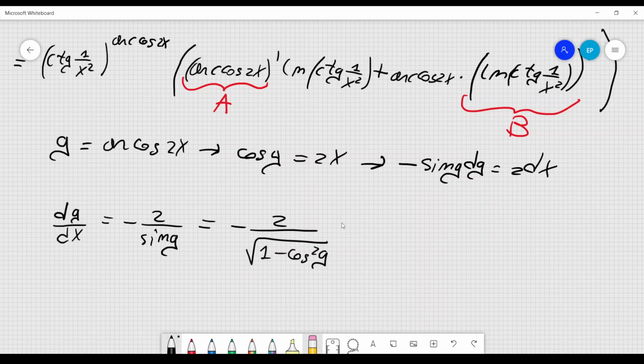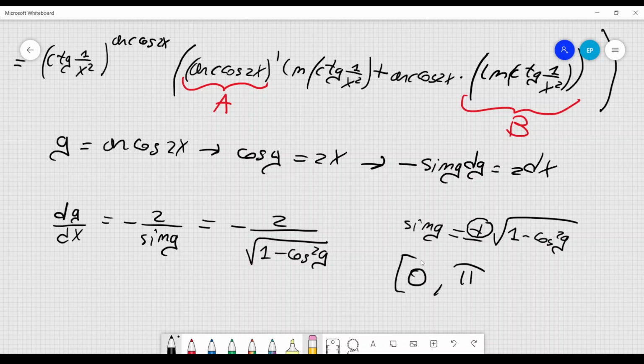In general, you have to remember that the sine of a function is equal to plus or minus the square root of 1 minus cosine squared. But in this case, we have to choose the plus sign. Why is that? Well, because the arc cosine gives values in the interval 0 to pi, so not 2 pi, but from 0 all the way up to pi.